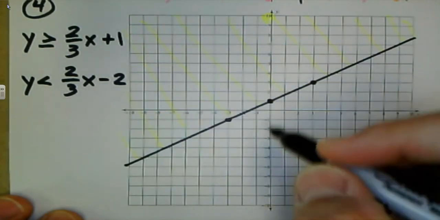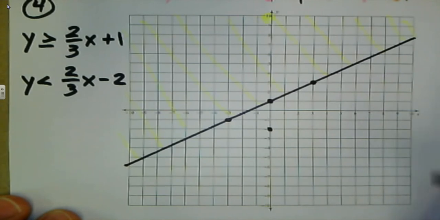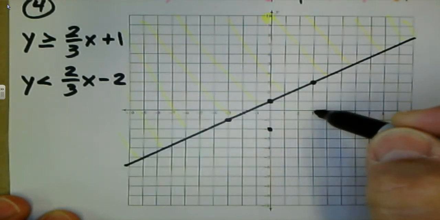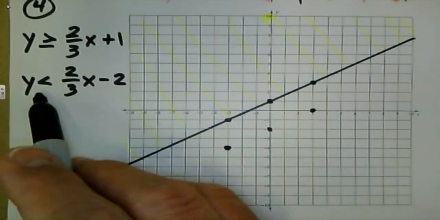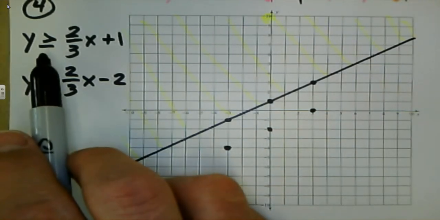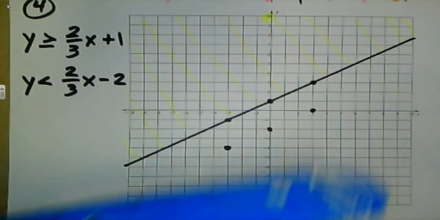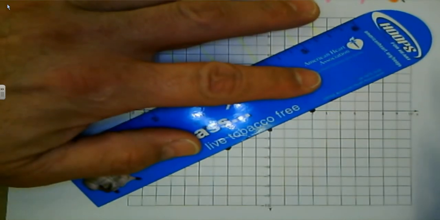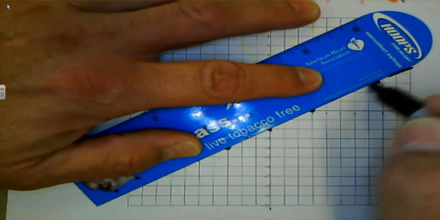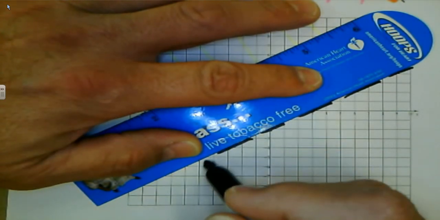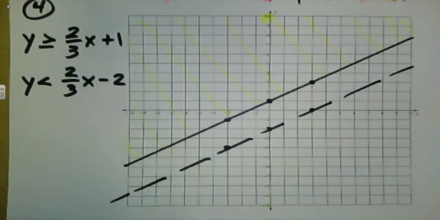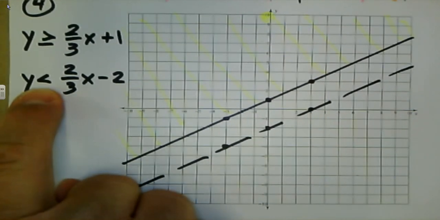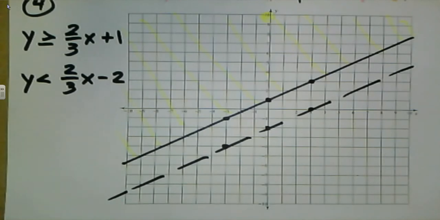So let's look at this one. This is at -2. And we go up 2, 1, 2, and 1, 2, 3. Down 2, over 3. And we can see the line. This is a dashed line. This one was a line because it has a line. This is dashed because it does not have a line. All right. This one says less, right, guys?